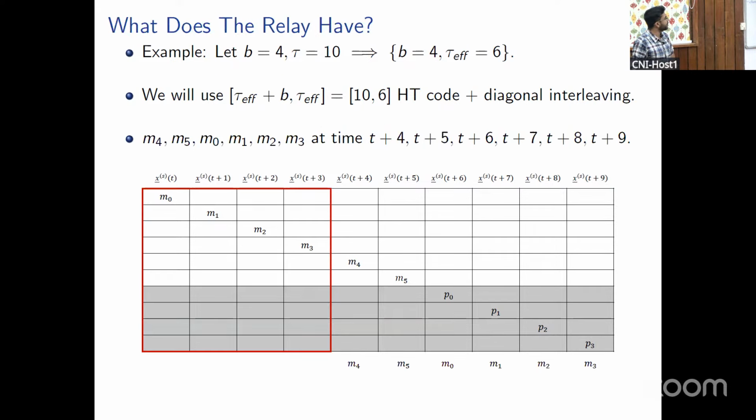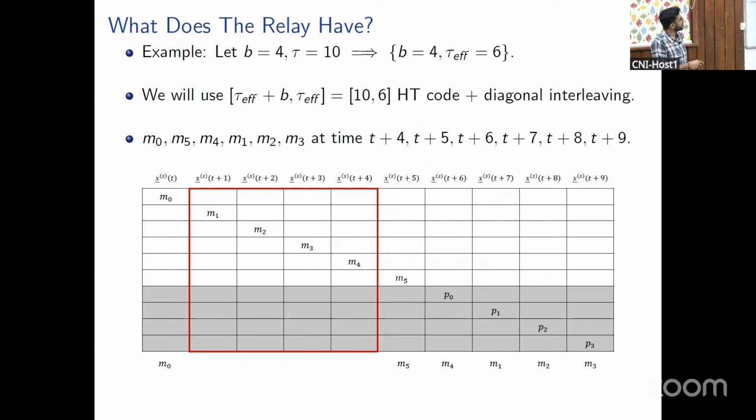So now let's say a burst happened in the first link, the source to relay link, which is starting at time t. So again I'm placing whatever patterns we have seen in the context of packet level coding. Okay. So here you can see that you are recovering M4 here, M5 here, M0 here, M1, M2 here, M3 here, at time t plus 4, t plus 5, t plus 6, t plus 7, t plus 8, t plus 9.